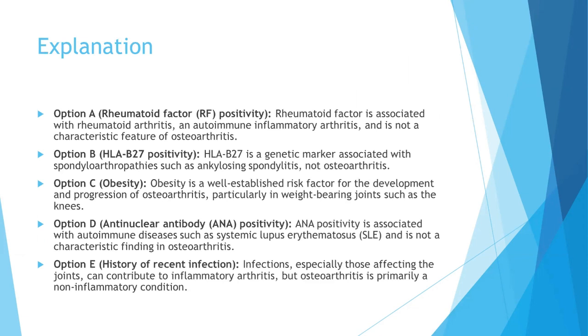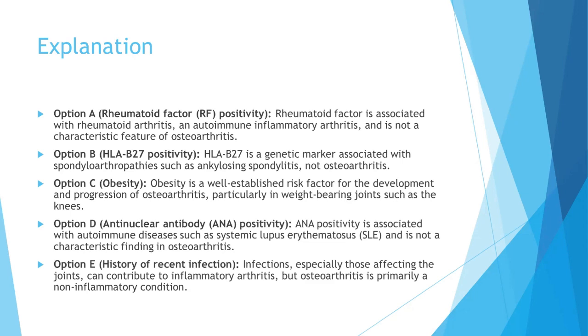So option A, rheumatoid factor positivity, is associated with rheumatoid arthritis, which is an autoimmune inflammatory arthritis and is not a characteristic feature of osteoarthritis. HLA-B27 is a genetic marker associated with spondyloarthropathies, such as ankylosing spondylitis, not osteoarthritis.